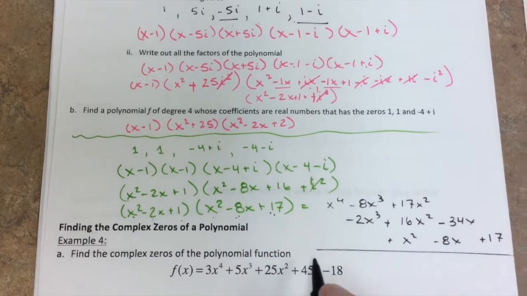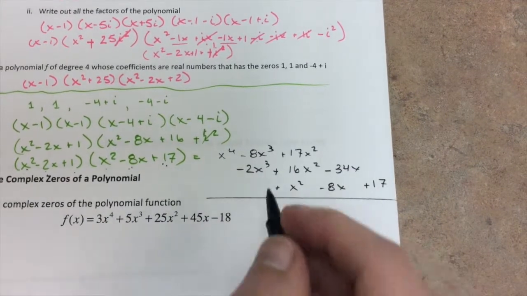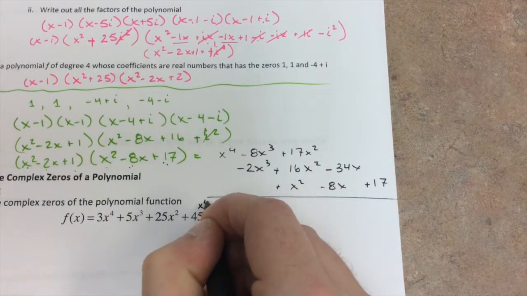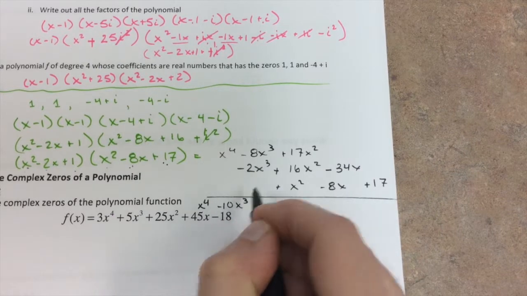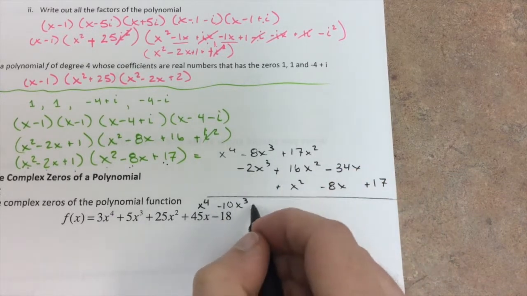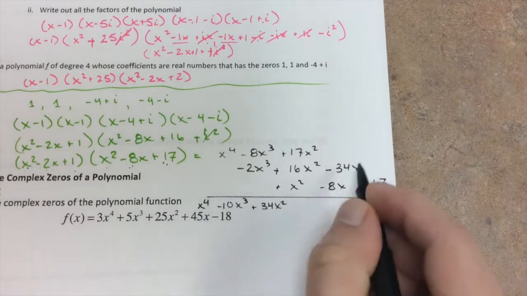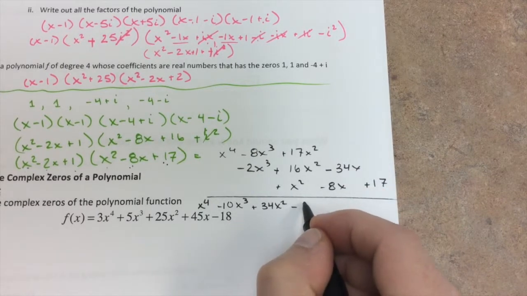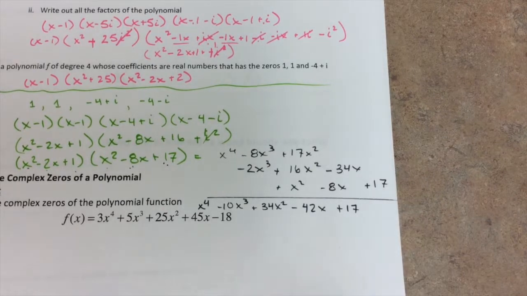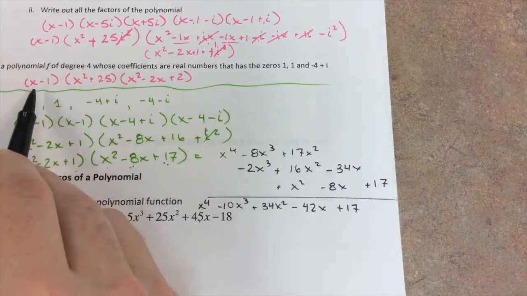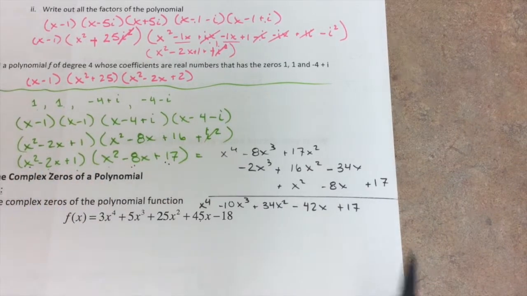So if I added all of this together, you'd have x to the 4th minus 10x cubed plus 34x squared, negative 42x plus 17. This is a fully multiplied out polynomial whose zeros are all 4 of these.